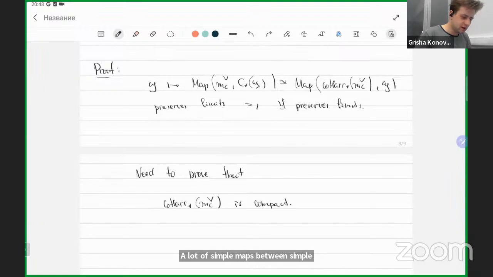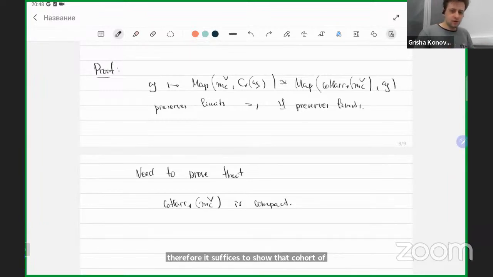So this kind of operation preserves compact objects. Therefore, it suffices to show that Cohar of MC dual is compact for these types of simple objects.